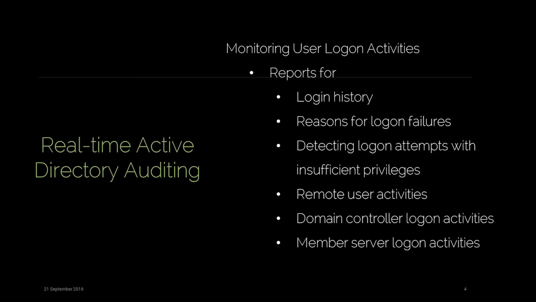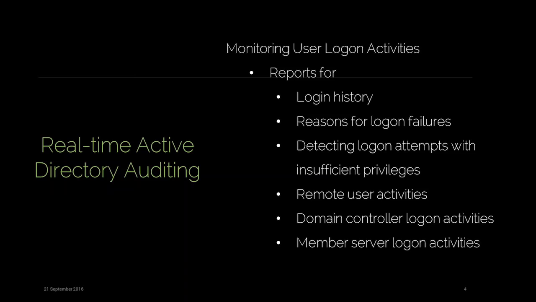All right, so these are all the real-time Active Directory reports available in ADAudit Plus. You can see reports like login history, till what time the user has logged on to the computer, and if the login failed or got denied for any reason, the tool will show you the information.